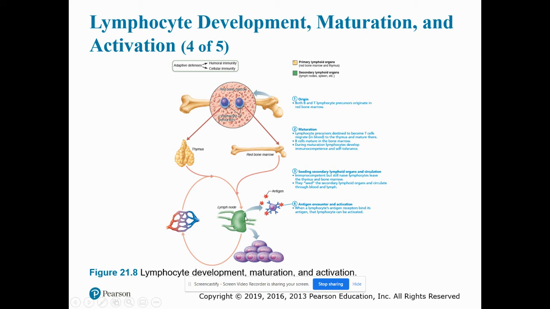So we have our naive cells hanging out in the lymph node. They encounter an antigen, and once that lymphocyte's antigen receptors bind to the antigen, the lymphocyte is activated, and it can complete that differentiation into an active cell.